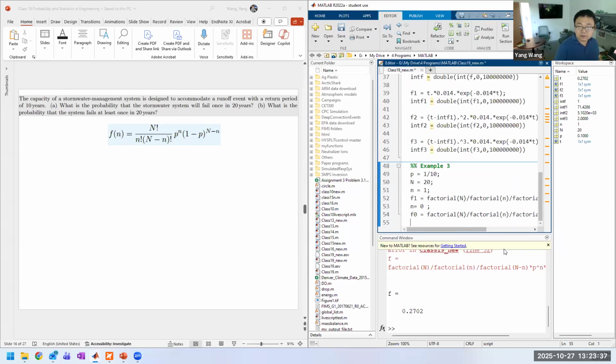So then the probability we're looking at, let's say this capital P, is going to be 1 minus F0. It doesn't have any failure, right? So then the probability of the system failing at least once is going to be 0.8784, which is relatively high, right? So this is a Bernoulli distribution or Bernoulli probability function.